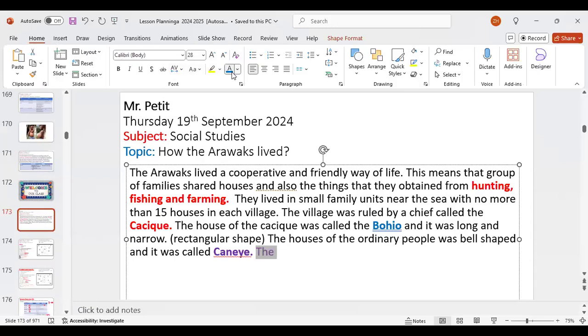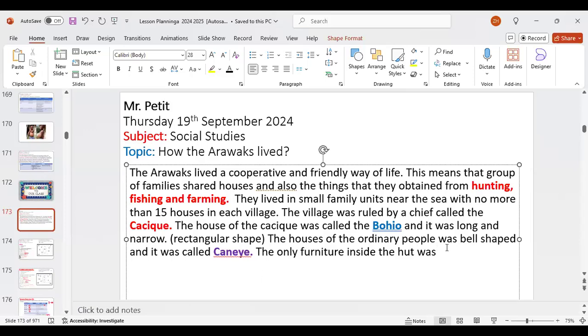So inside their huts, right, was some furniture, and the only furniture inside the hut. There were some pots. What do they make them out of? Clay pots.